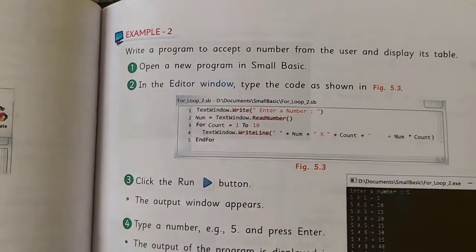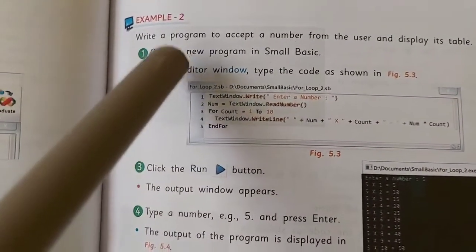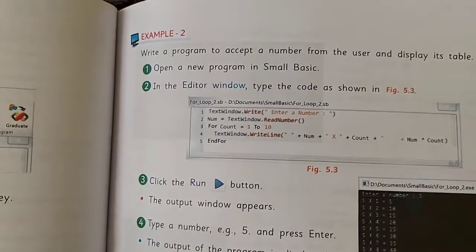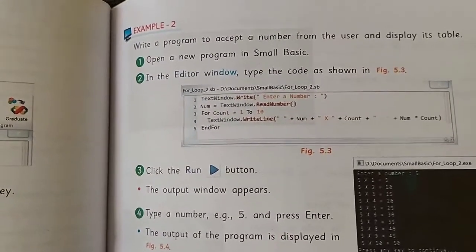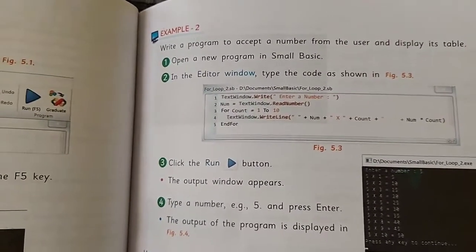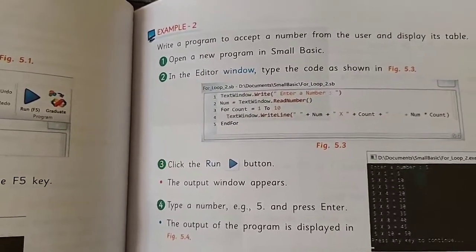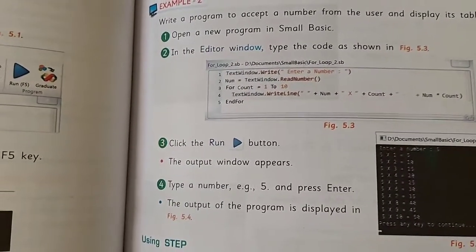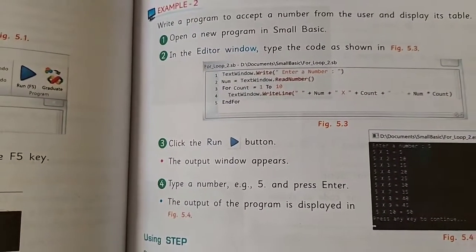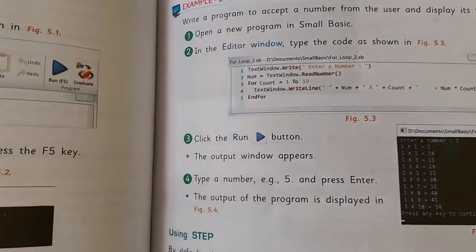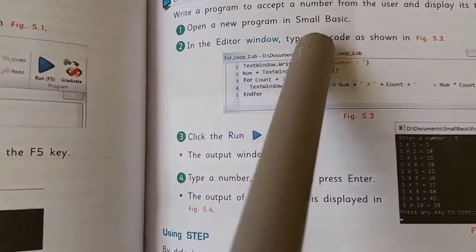Now see, example 2. What you can see here? Write a program to accept a number from the user and display its table. Means we have to just enter a number and we have to display its table. Then again we will go for Small Basic opening.